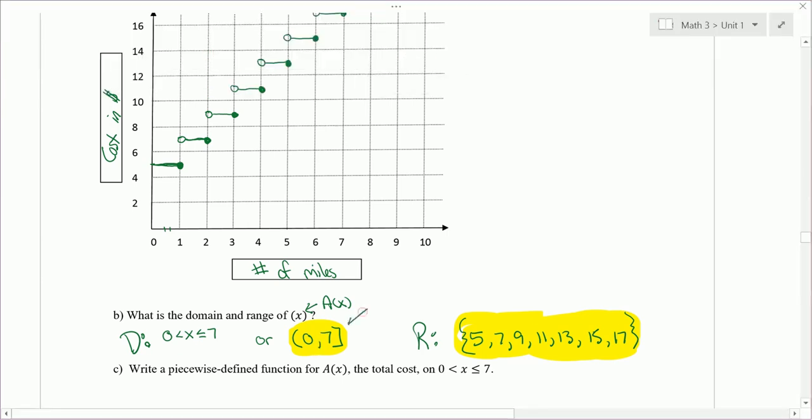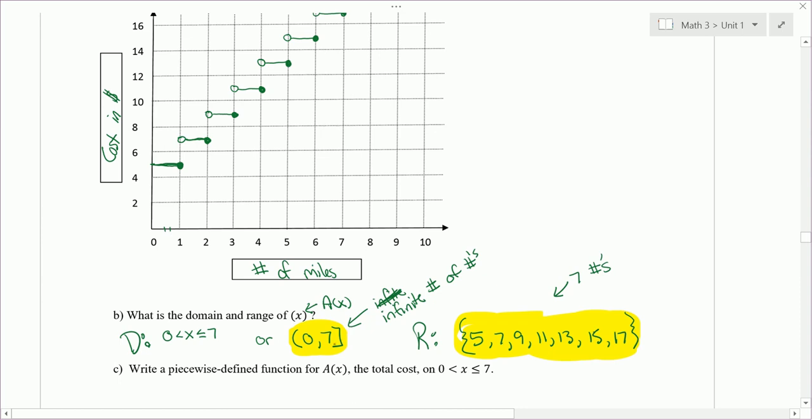There's an infinite number of numbers in that interval. Whereas here we can count them. We got 1, 2, 3, 4, 5, 6, 7. 7 numbers.